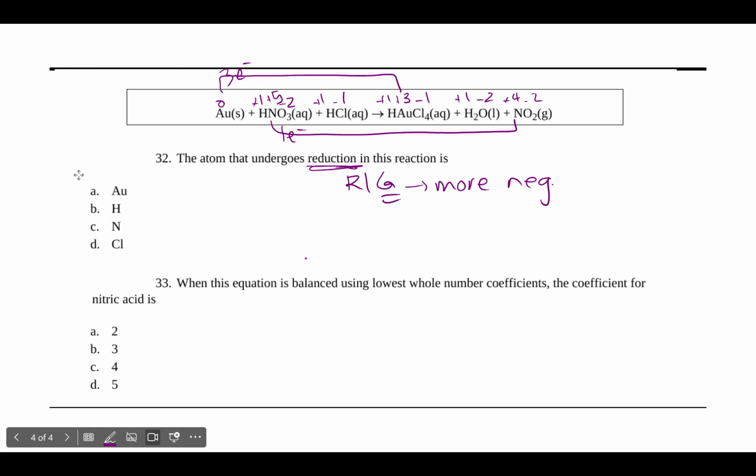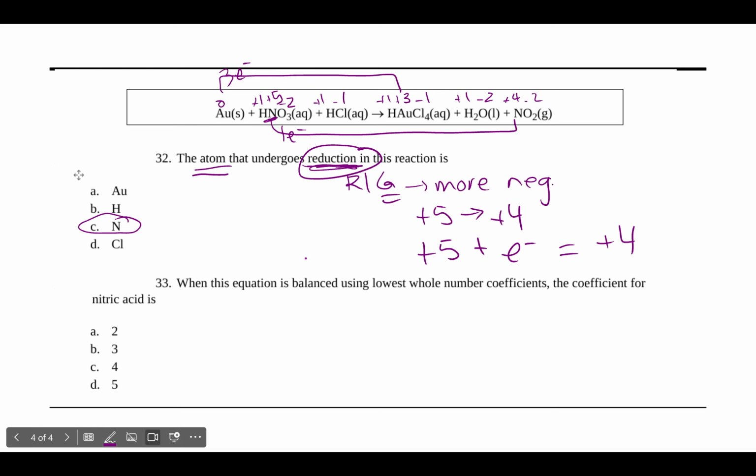So with this first question, because it's just asking about reduction, it is nitrogen that's going from +5 to +4. So nitrogen had to gain 1 electron to become +4. That is reduction. So here the atom that's undergoing reduction is N. If they asked you about the compound, we would have said the whole thing.